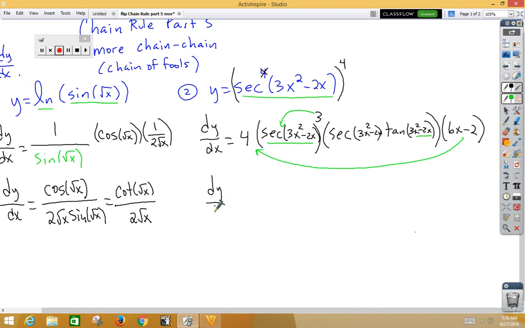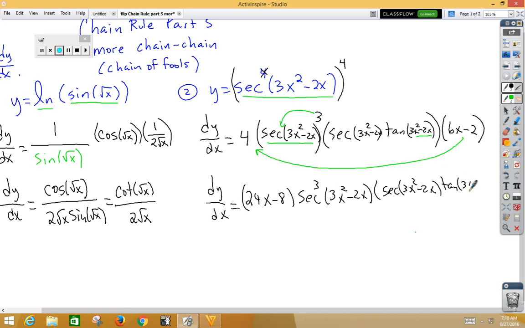So one possibility would be 24x minus 8 secant cubed 3x squared minus 2x multiplied by secant 3x squared minus 2x tangent 3x squared minus 2x. Next problem.